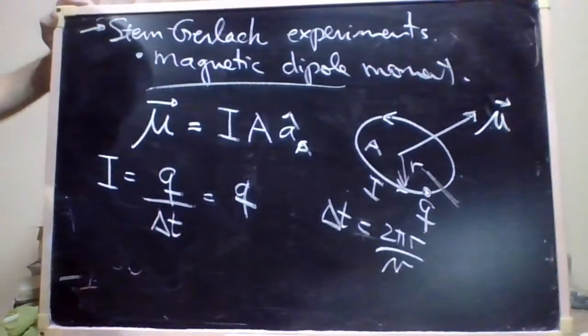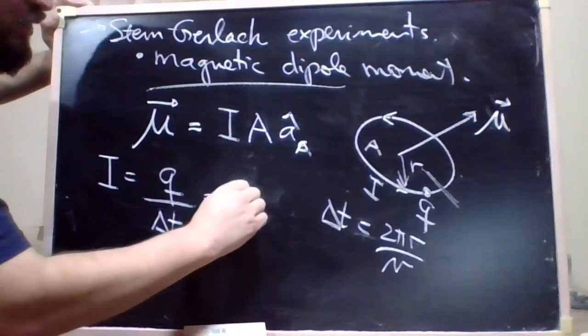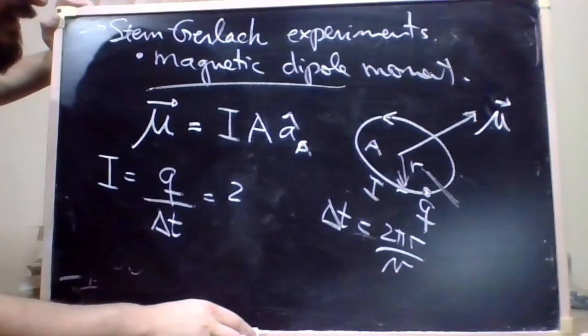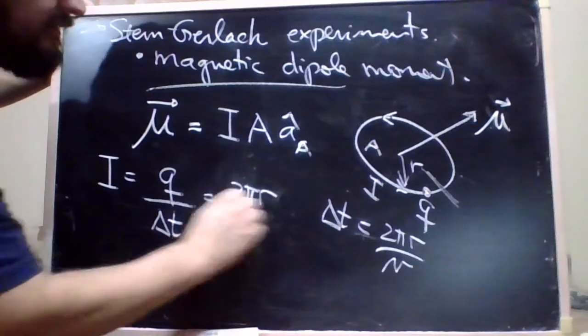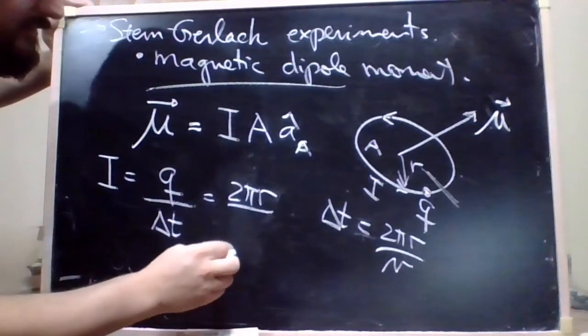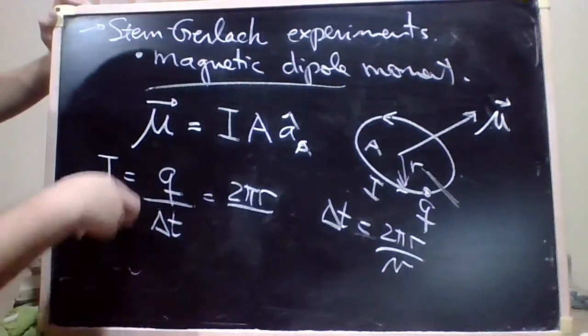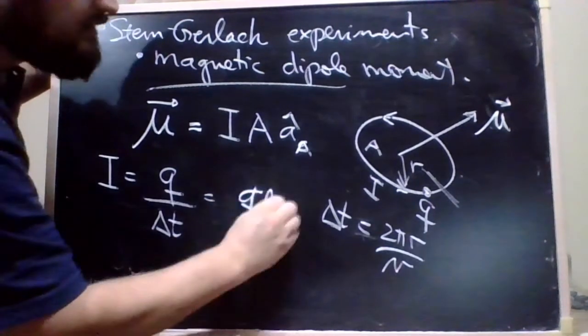So I must invert that, and I'll have Q multiplying the velocity.